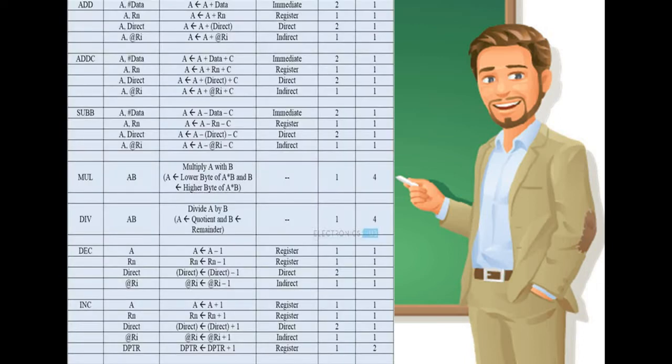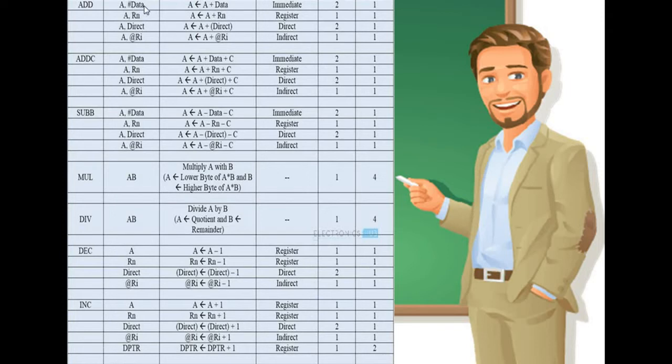Coming to the arithmetic instructions, as we already know, the first one is add with carry, subtract with borrow, multiply, divide, decrement, increment, and the last one is decimal adjust. Add means here we are going to add the data. The first example, ADD A, #data. Here hash represents immediate data, the data which is given here.